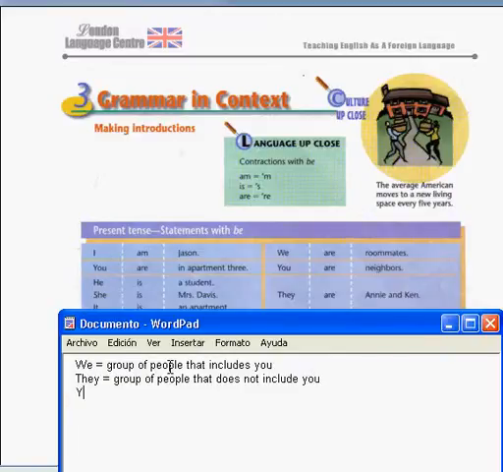When you refer to you, you are usually referring to a group of people that are in your presence.